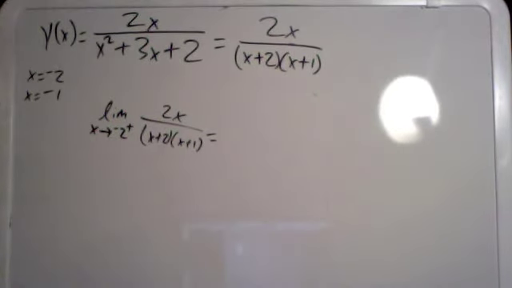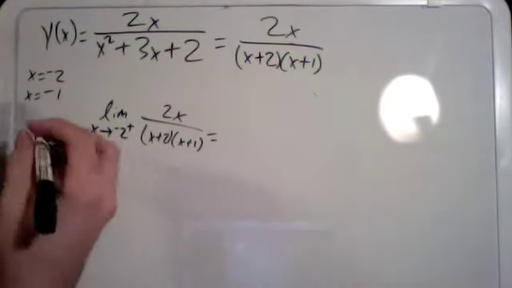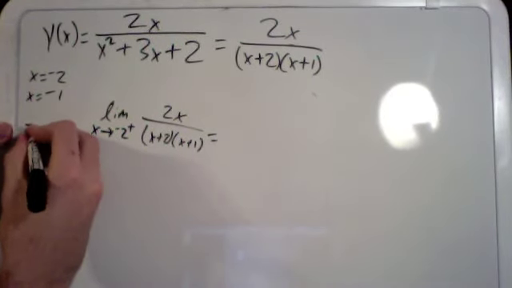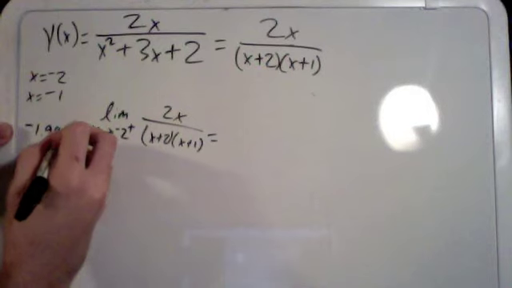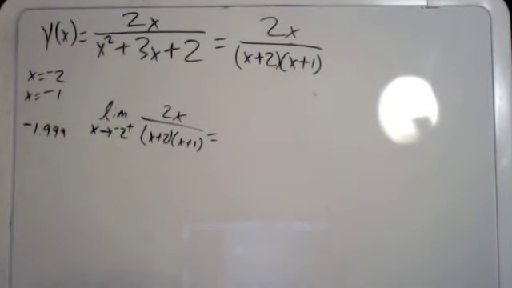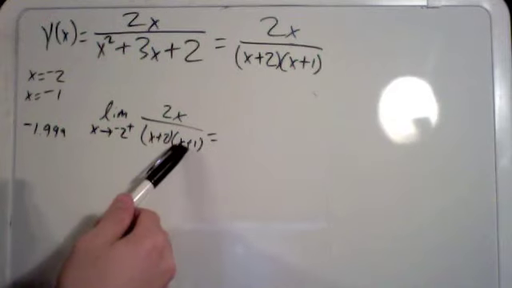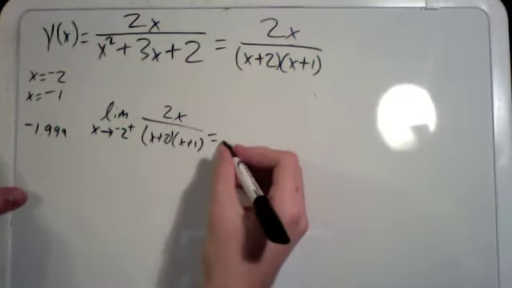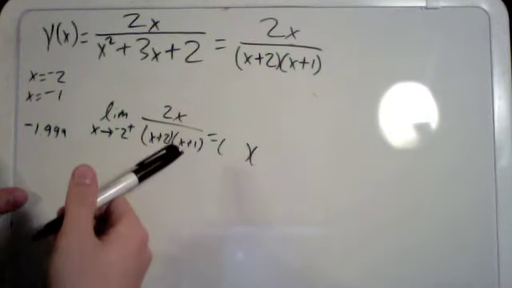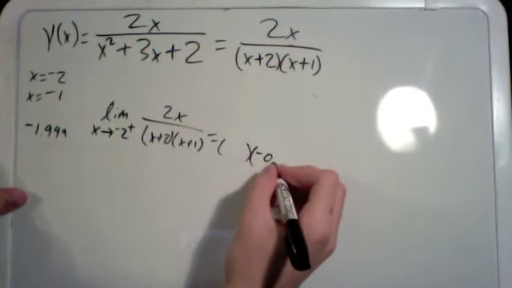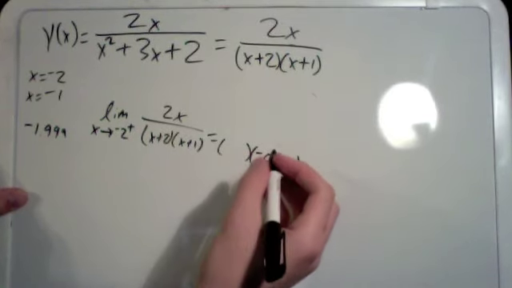Okay, so we're going to choose something a little bit greater than negative 2, for example, negative 1.999. And if we plug this in here, we're going to get negative 0.999, so something like negative 1.